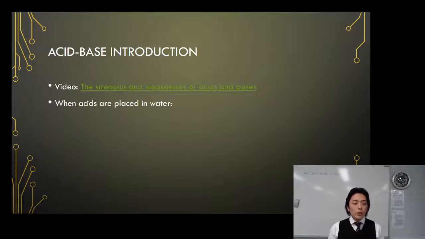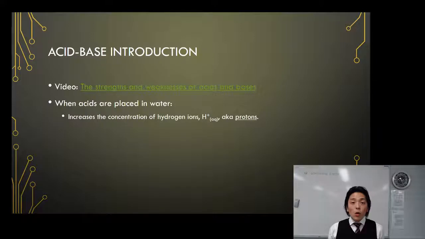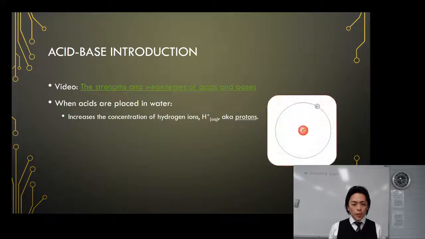Now, in terms of reaction, when acids are placed in water, they increase the concentration of hydrogen ions, which are protons. You might wonder why it's called a proton. That's due to the atomic structure of hydrogen.